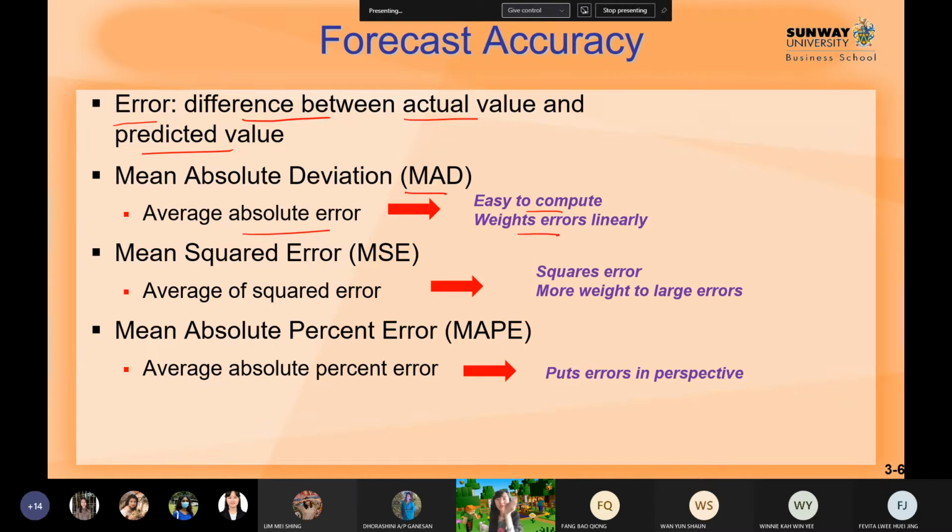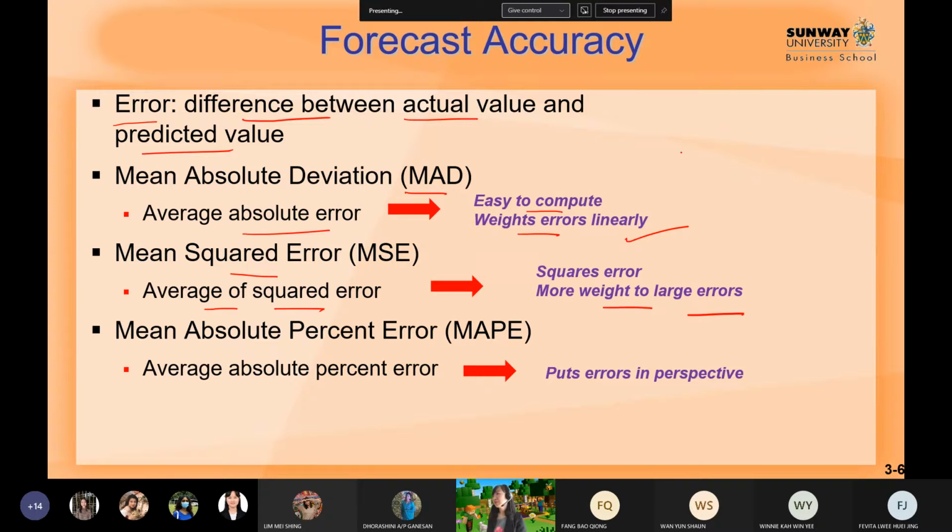Let's say your forecast is 3, your actual is 2, so your difference is only 1. It is easy to compute. Mean square error means that the error, the difference, you square it so that you have a larger number. Then you can see the larger impact.